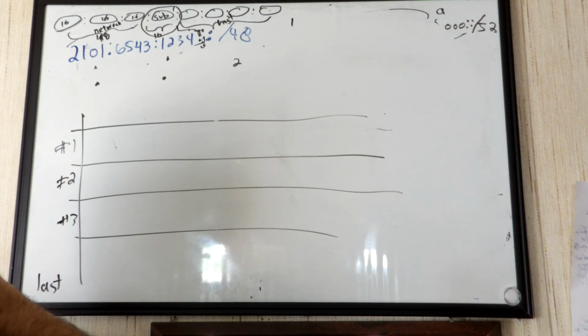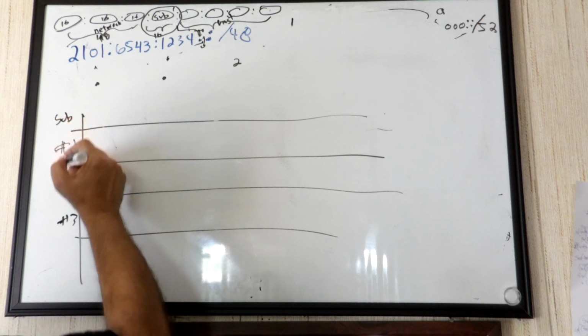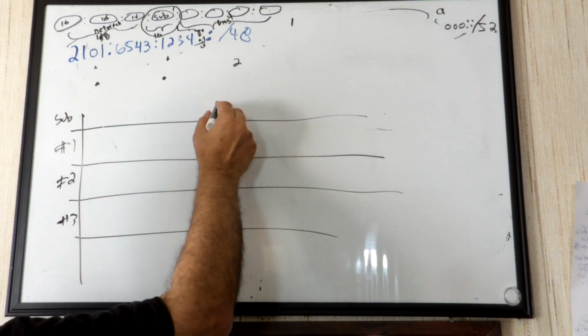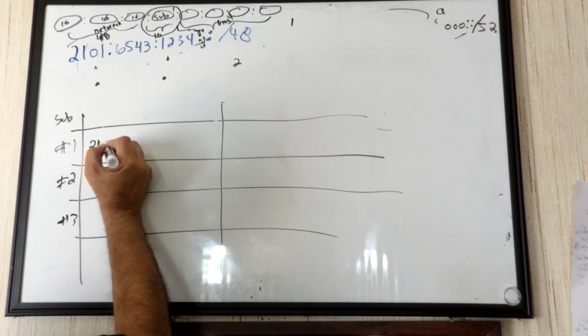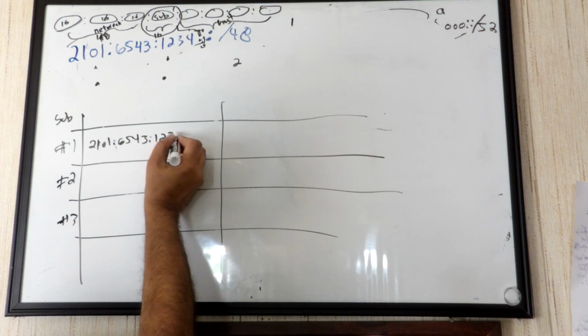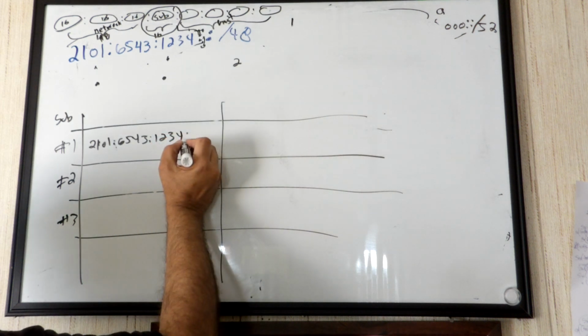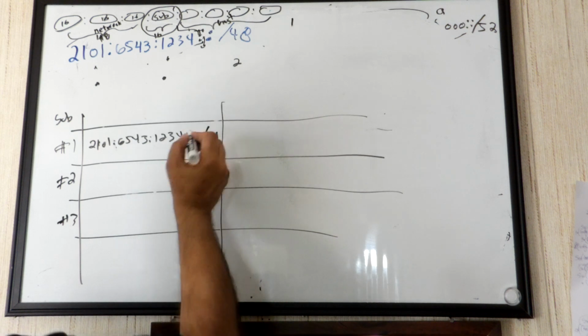This is subnet. No, let's see subnet number 1, and then we have the subnet ID. Okay, it's 2101 65 43 1 2 3 4, and then you have here.